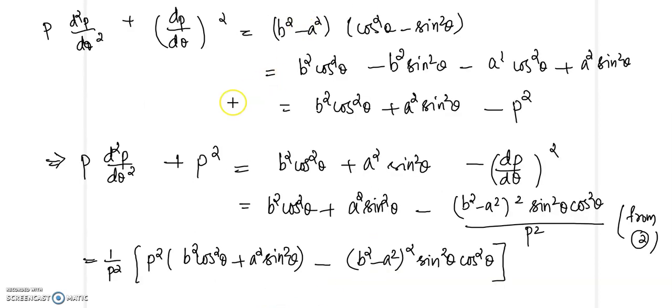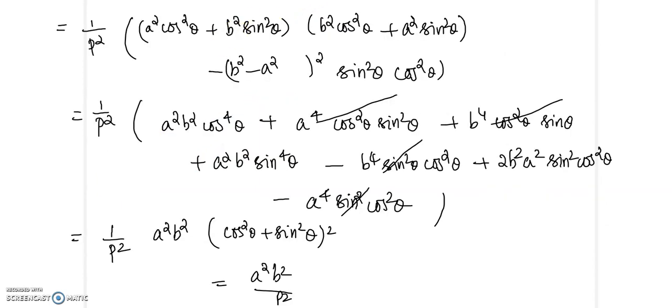So we started with p d square p by d theta square plus p square, that is equal to this. Therefore p d square p by d theta square plus p square is equal to a square b square by p square.